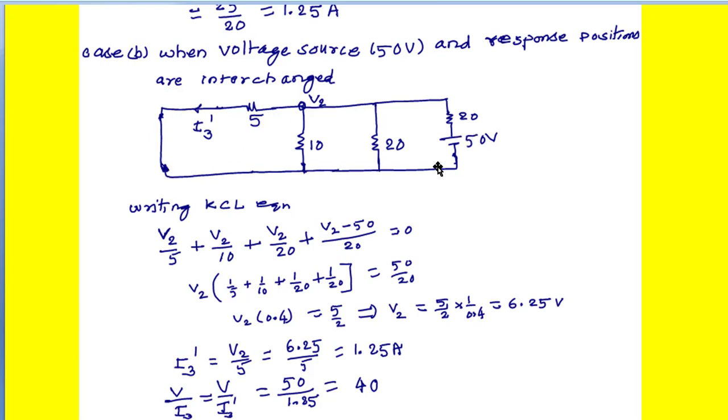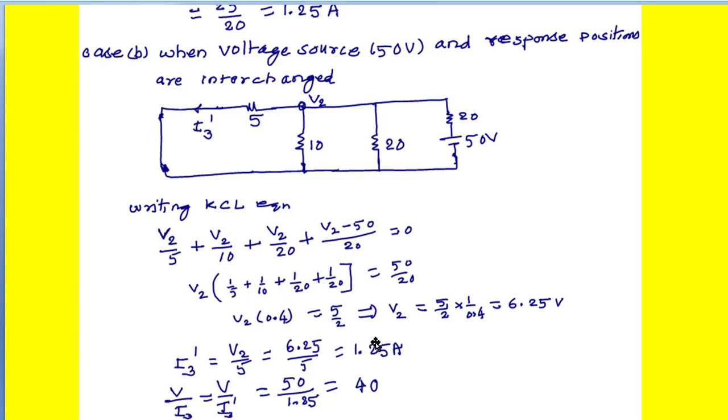That means we brought the voltage source which is on the left side to the right side, in series with the last branch, whereas the voltage source which was there on the left side is short circuited. So once it is done, we get the equation like this.